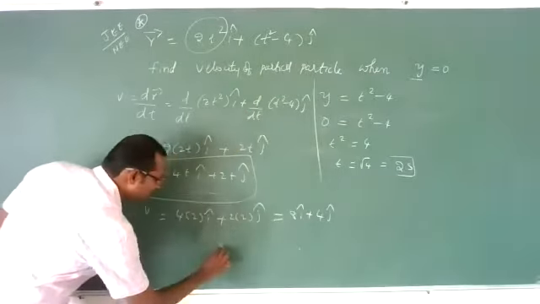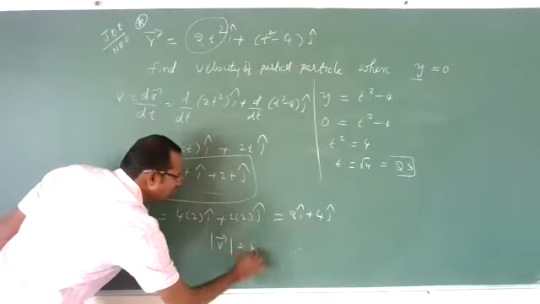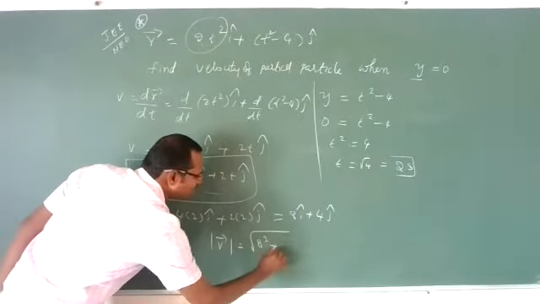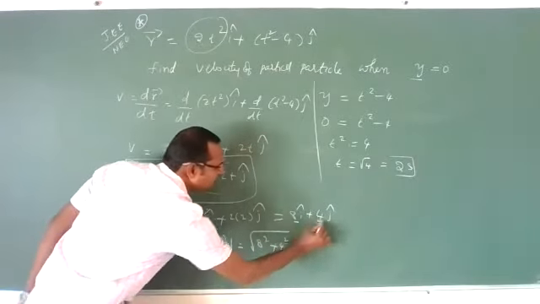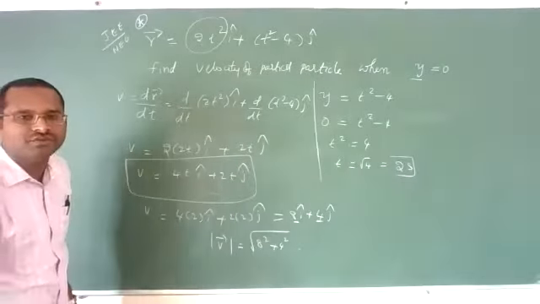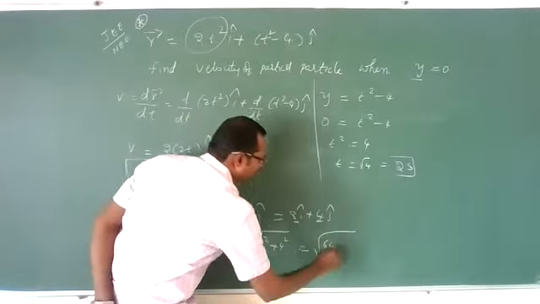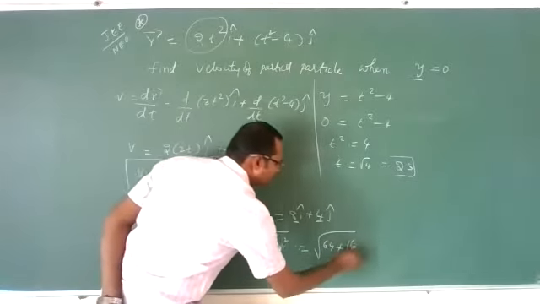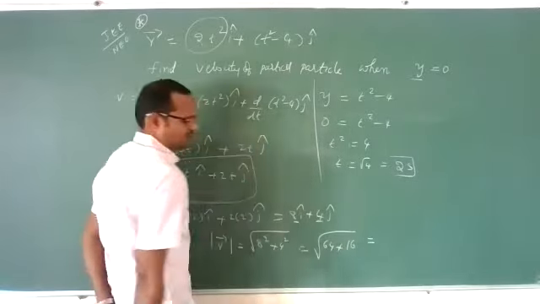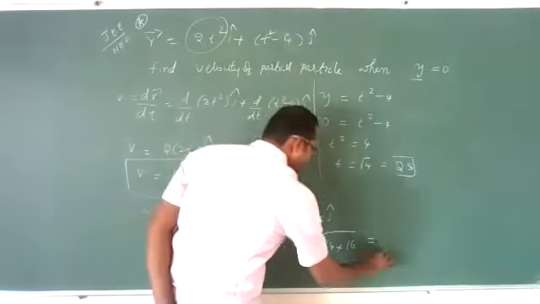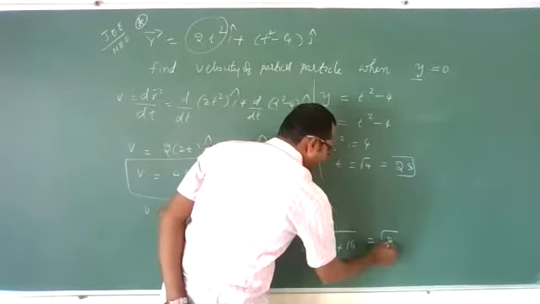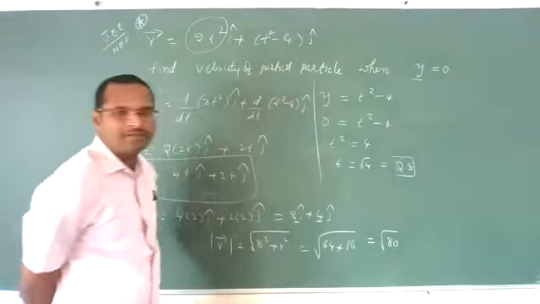If you want the magnitude of this velocity, it will be the square root of x component squared plus y component squared. That is the square root of 8 squared, which is 64, plus 4 squared, which is 16. Total is 80, so root 80.